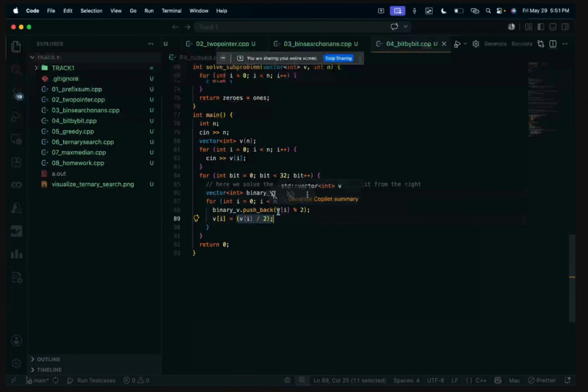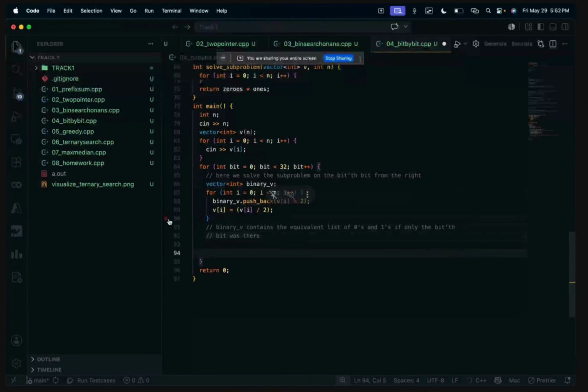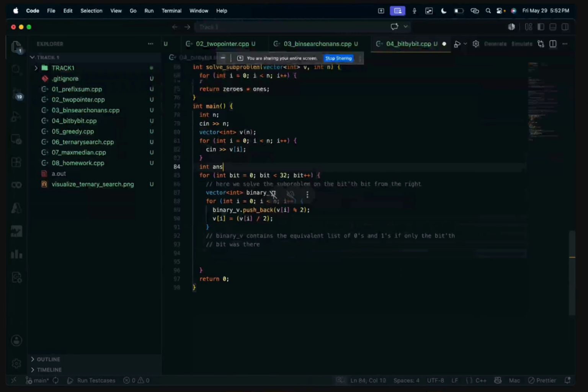And for the time after that, we took a quotient again, and we took a remainder of that. So essentially, each time, binary V contains the equivalent list of zeros and ones for that bit. So we will have an answer.